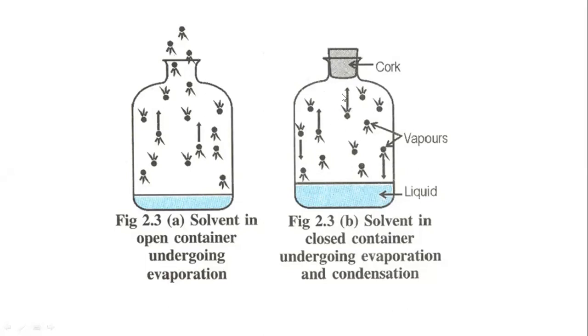So these are the vapors, and these vapors create a pressure on the surface of the liquid. This is called vapor pressure, remember. And in the vapor phase we can see vapors, and water also, because at condensation the water is also coming down, when these vapors strike the cork.